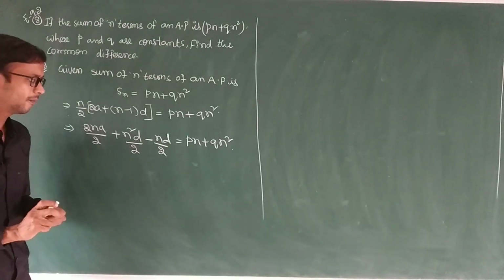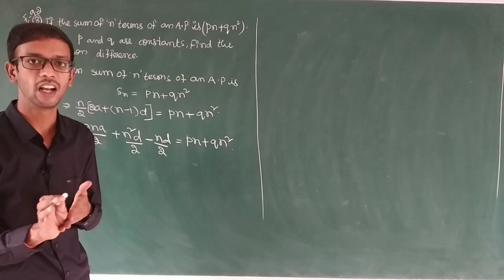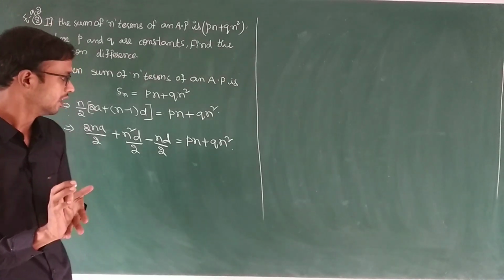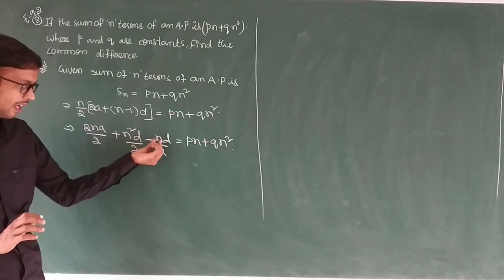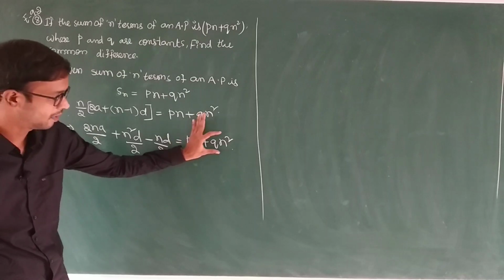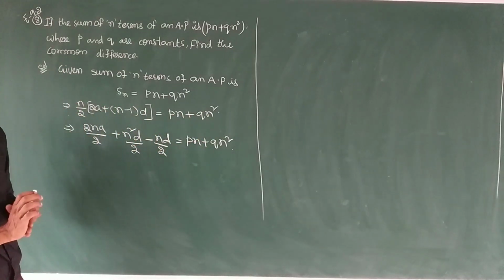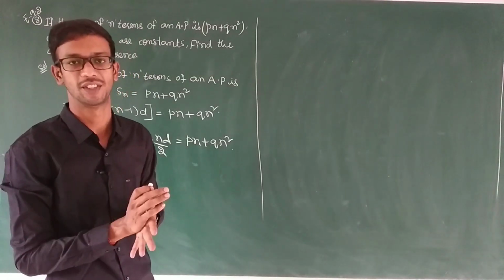What we need here is the d value. This is our equation. We observe an n square term and an n term on both sides. As in the previous problem, we compare on both sides.